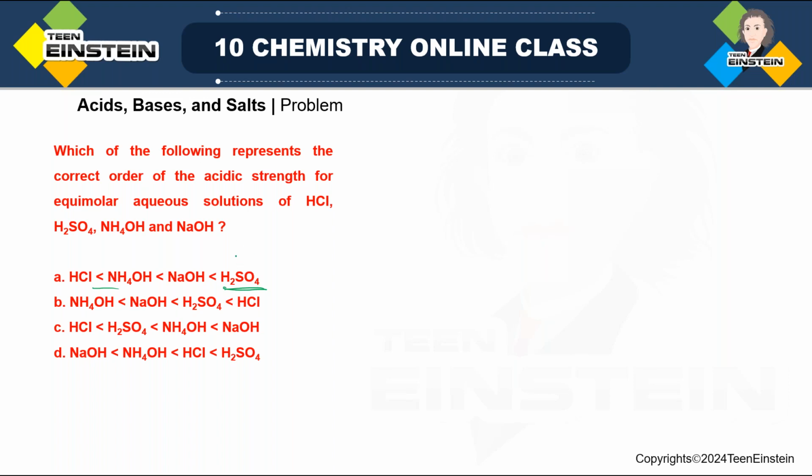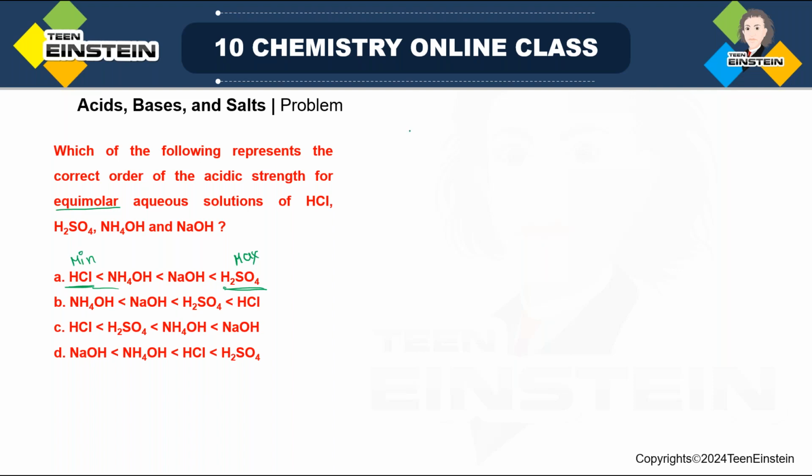It means it will be the maximum strong acid, and at the other end we have HCl, so it will be the minimum strong acid. So gradually the strength is decreasing, and that is true for all the options. That is the meaning of this question. So you have to choose the correct order for acidic strength, max to min, right hand side to left hand side, and all are present equimolar, that is, the same moles of each of these species are present, right?